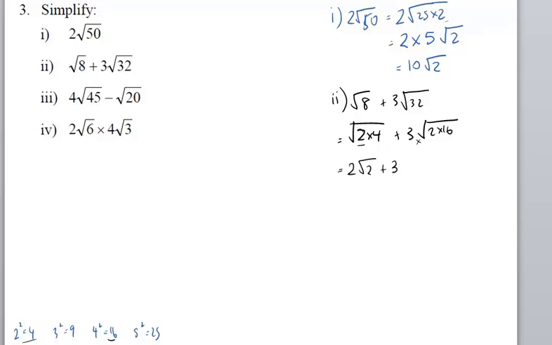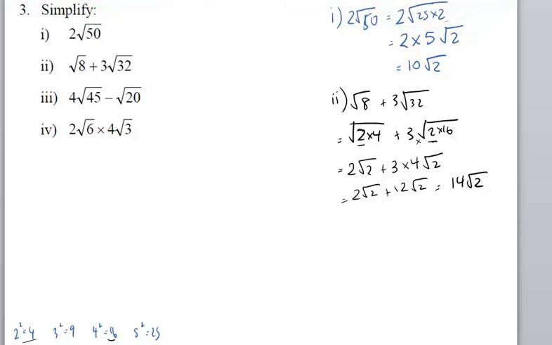So here we've got 3 square root of 2 and square root of 16 goes to 4. So times by 4, and we're left with this square root of 2. So 2 square root of 2 plus 3 times 4 is 12 square root of 2. These are both factors of the square root of 2. So if we had 2x plus 12x, we would have 14x. Same, we can add these together. 2 lots of square root of 2 plus 12 lots of square root of 2 will give us 14 square root of 2 there.